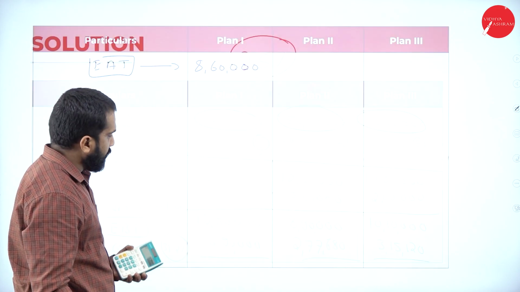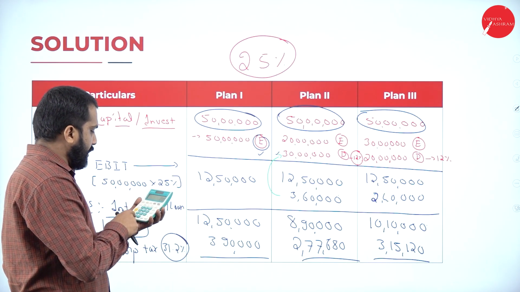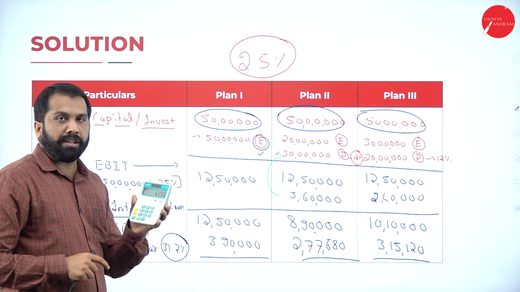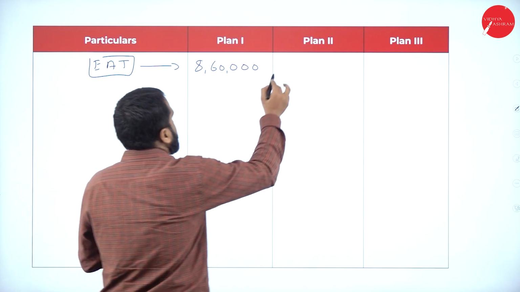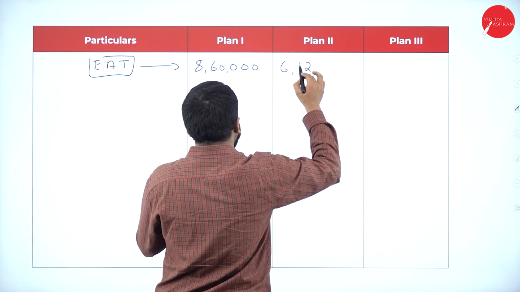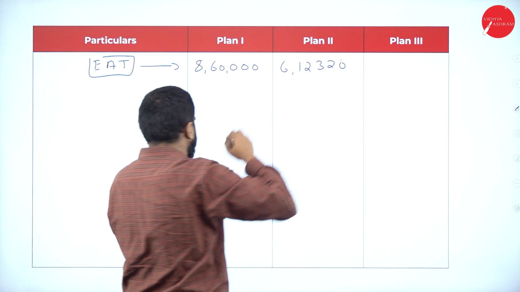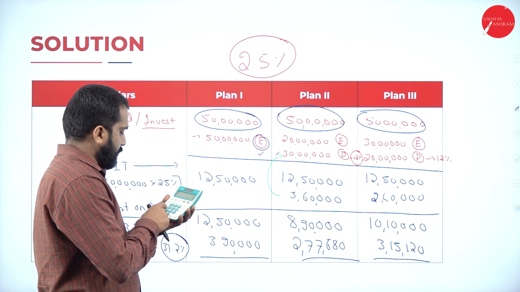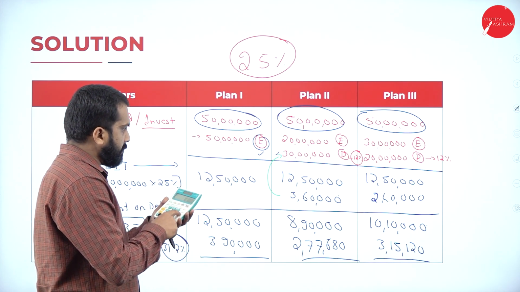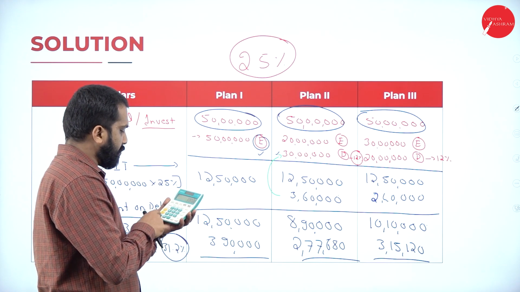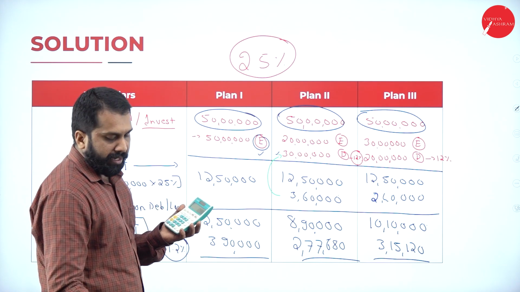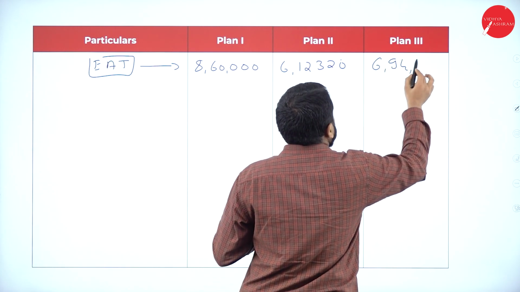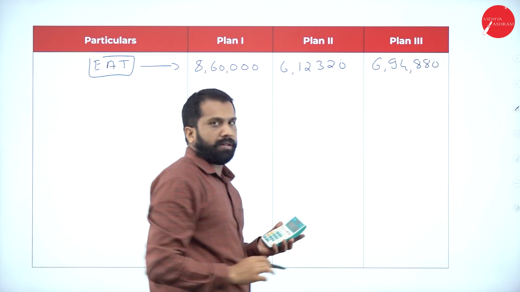Now, in this, 8,90,000 minus 2,77,680, 6,12,320. Similarly, 10,10,000 minus 3,15,120, 6,94,880. Hope you are clear.